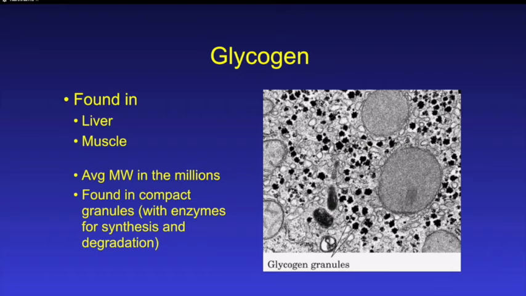What we find inside these granules are both the glycogen itself, but every enzyme needed to degrade and every enzyme needed to synthesize glycogen. Now, what this allows us to do is both synthesize and degrade very quickly because everything is bound, but that also requires us to regulate this very, very well.